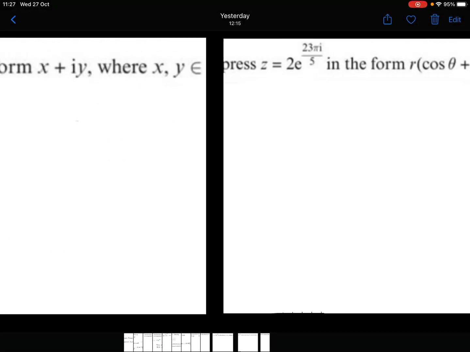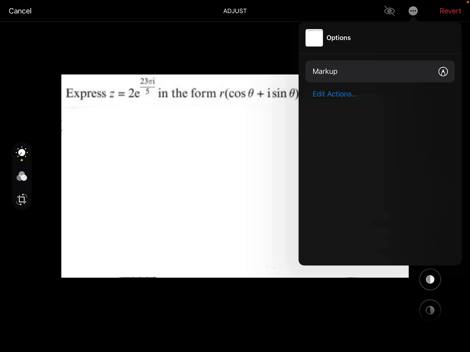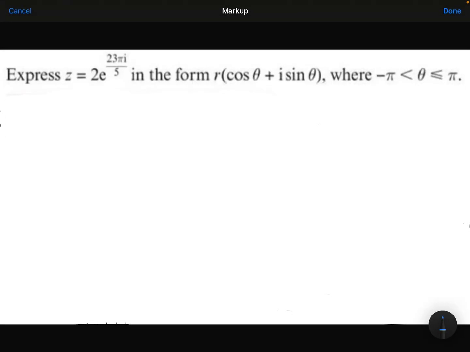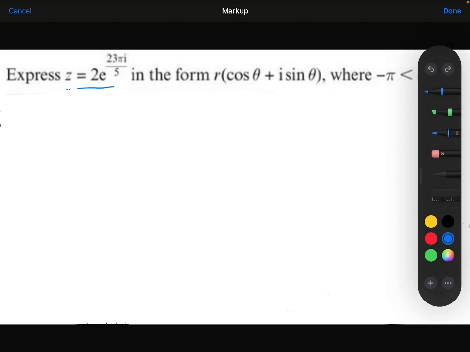Next, we've got two more examples in this video. We want to write our complex number z equals 2e to the 23 pi i over 5 in modulus argument form. So clearly I can see that r is 2 and theta is 23 pi over 5.